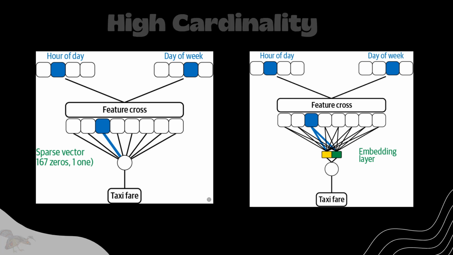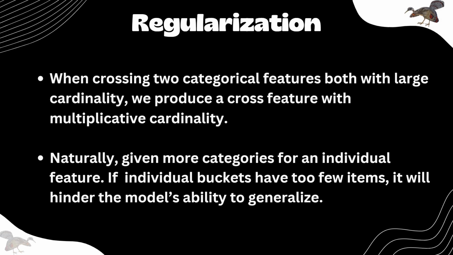Finally, for the last point to keep in mind, when we cross high cardinality features, we generate a huge number of new combinations. But the problem is, some of these combinations will have very little data. For example, before feature cross, if we looked at rides at 12 p.m., we might have 100 data points. After crossing hours with days, we might only have 12 rides for 12 p.m. on Thursday, and 9 rides for 12 p.m. on Tuesday, and so on.